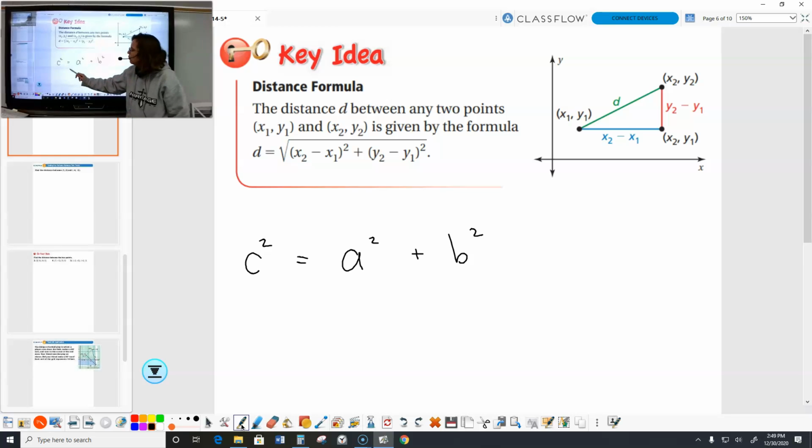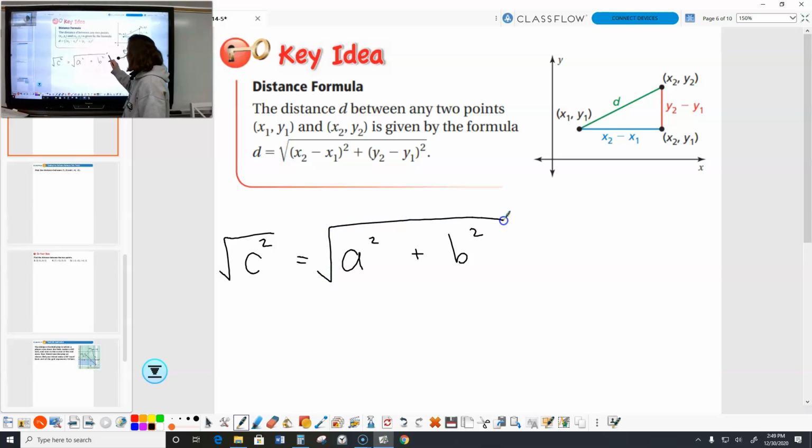Now, if I didn't want c squared, but I just wanted c, what would I need to do to turn c squared into a plain old c? Well, I would have to take the square root. All right, so if I take the square root here, then I would also need to take the square root on that side.